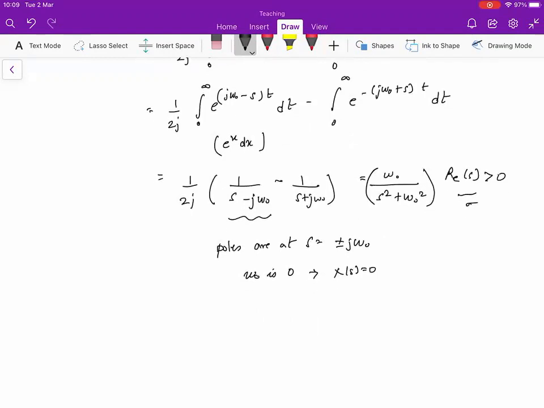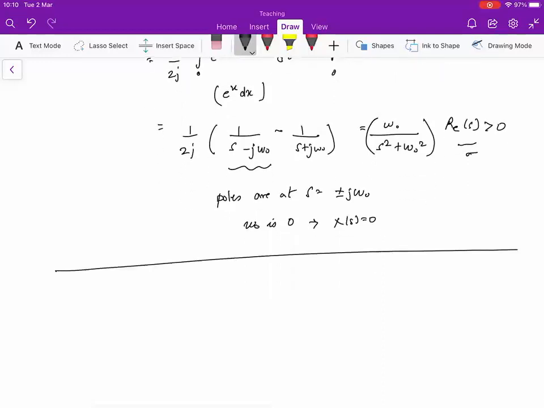From the perspective of the system, we are interested in when the transform is 0. The zeros of the transform are the values of s for which it is 0, but you can have an external parameter like omega naught which also makes it 0. So if you want to be careful, you can say the transform will be 0 if omega naught equals 0. Right. Thank you.